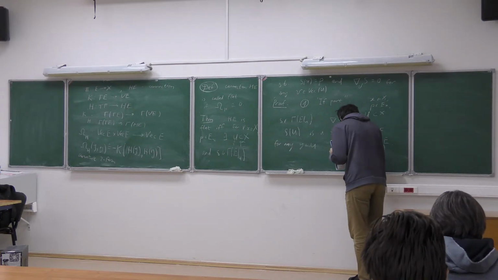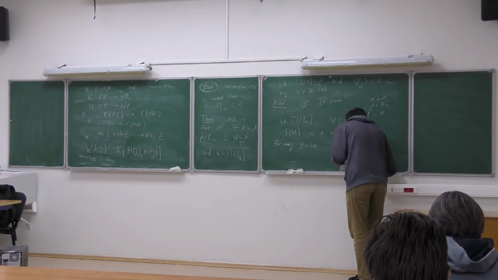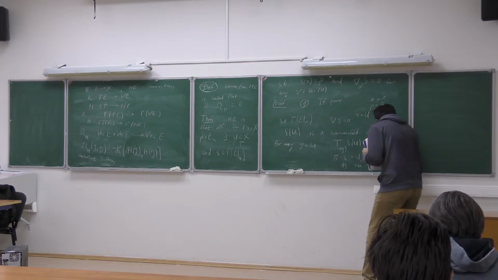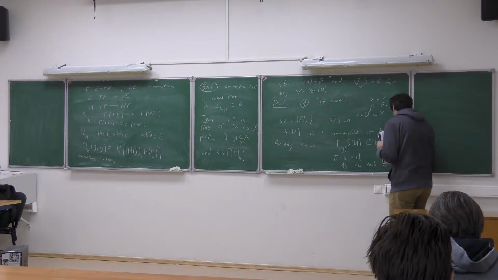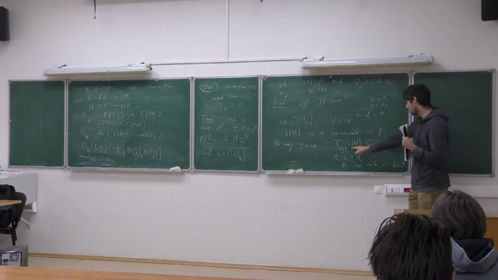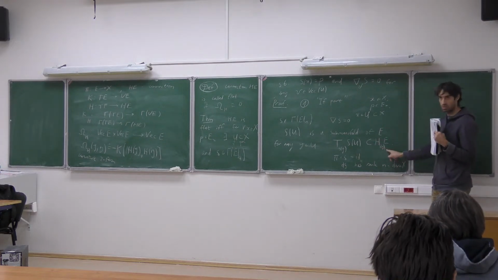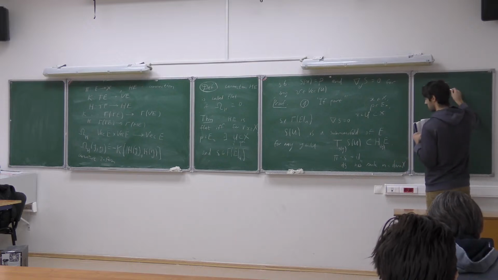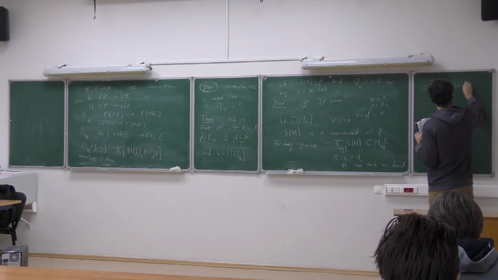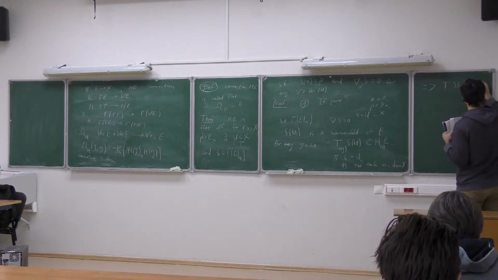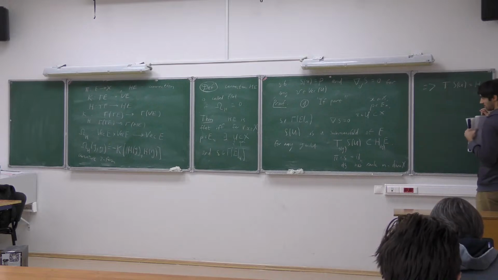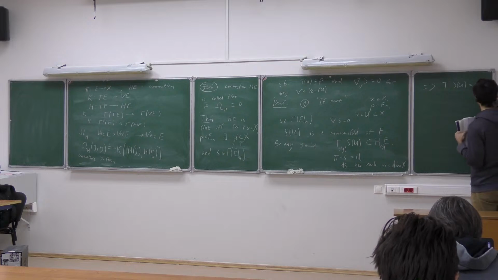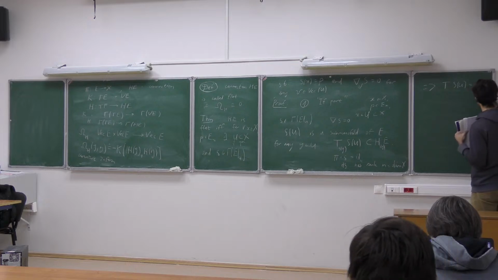So dS has rank n, which is the dimension of X. Therefore the dimension of this is equal to the dimension of this. So actually this tangent space is of course the same as just the fiber of HE at the point S of y.